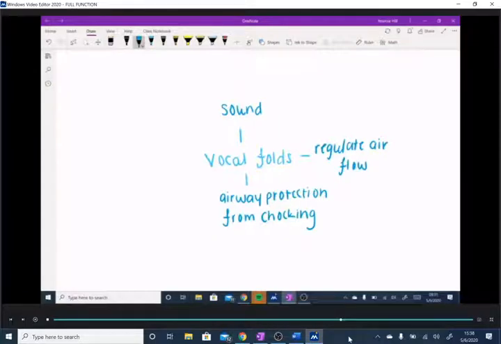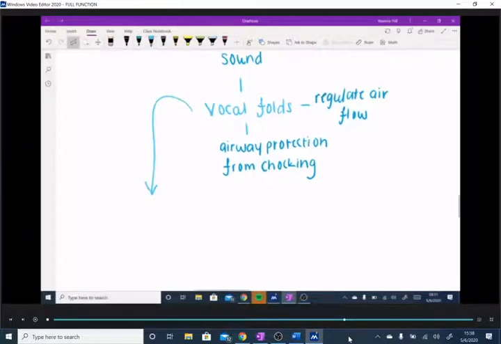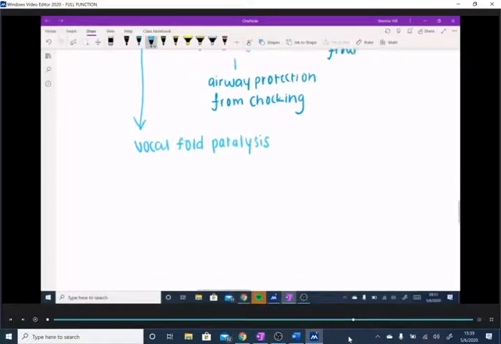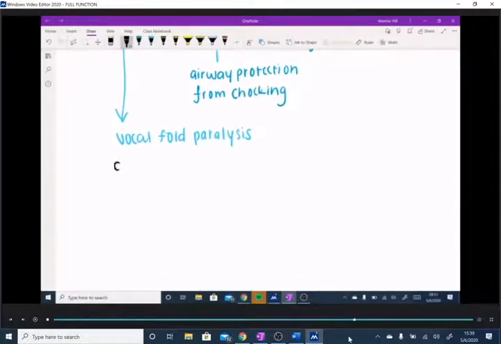So this vocal fold clinical case is actually called vocal cord paralysis. And in most cases, only one vocal cord is paralyzed. And I'll show you a picture at the end to see what it really looks like and why it's important to be able to have two functional vocal folds.